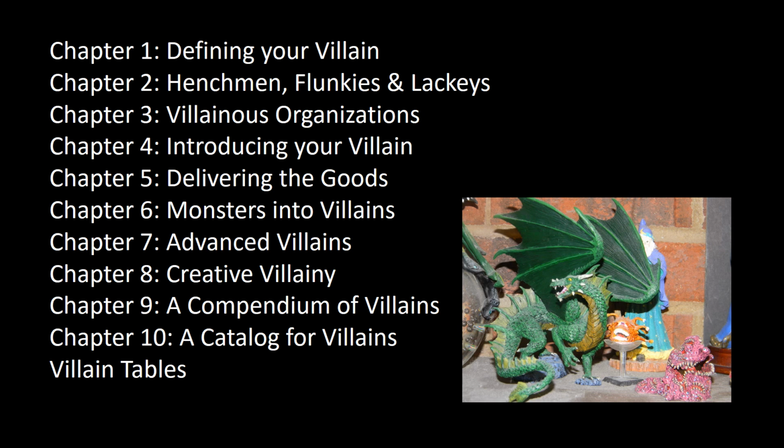Chapter 10 is called a catalog for villains. Really, the only part of this chapter I like is the first part. It talks about the different sources of power for your villains and how a wizard might go about doing something differently than a priest or differently than a politician.